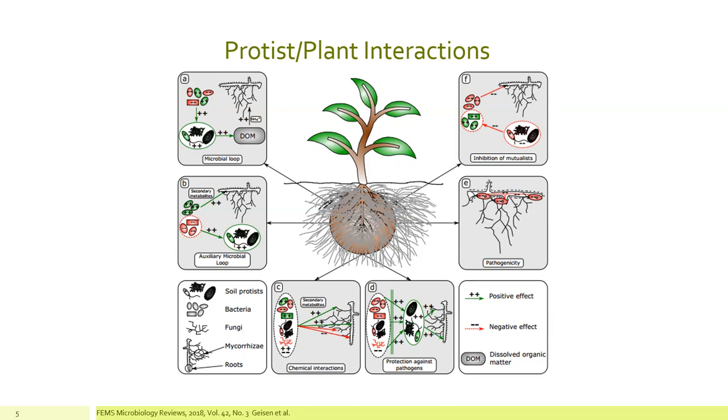We don't know exactly what each of these microorganisms do, and so promoting biodiversity is going to be key to protecting your plants from such pathogenicity. You can see that it's well illustrated down here at D, where when you have diversity, your plants are protected. But once you have some specific microbe that is overrunning the system, that can have detrimental effects.